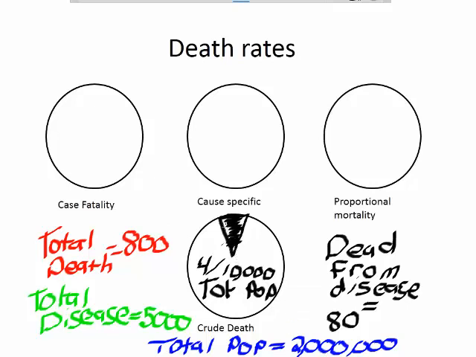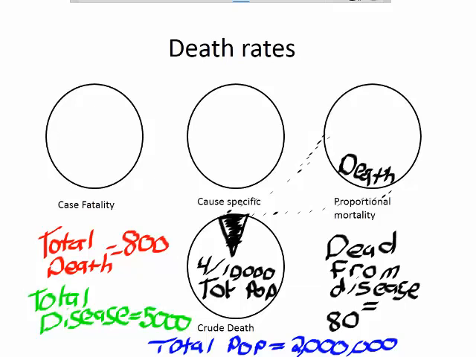Now those 800 people account for all of the deaths that occurred. If we moved that up and took a line, all of these dead people became the new population.